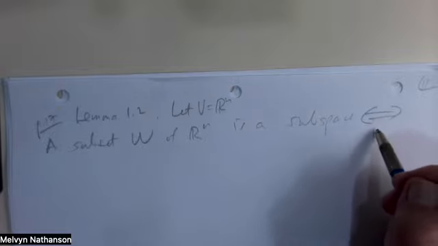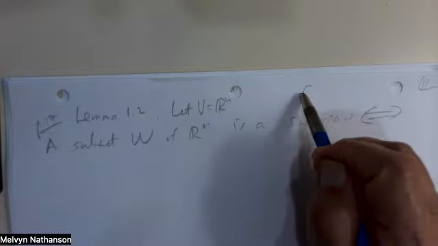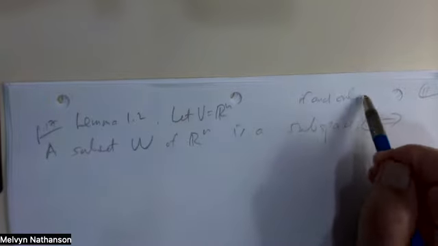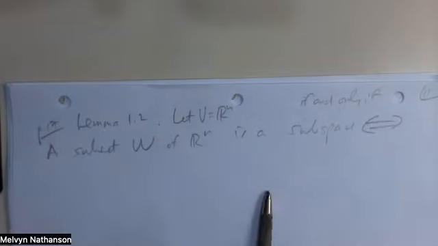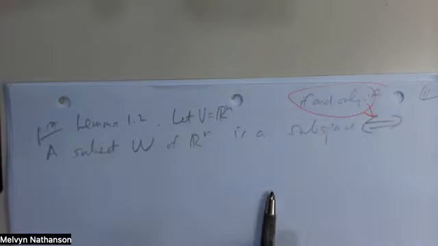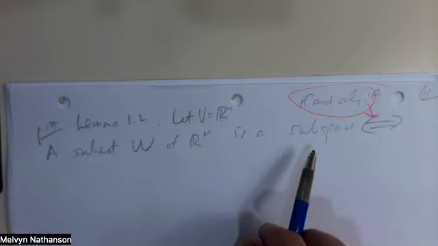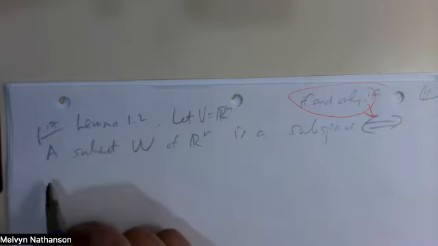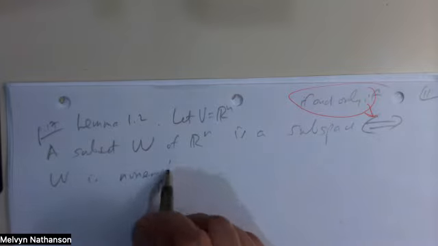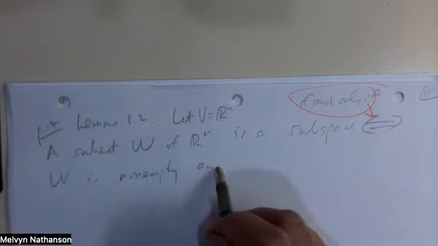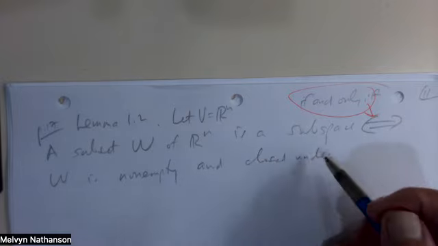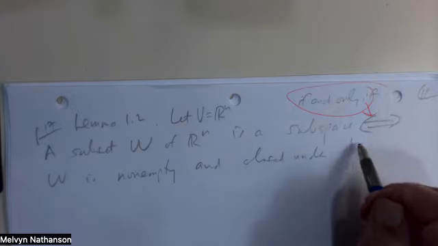So this double-headed arrow means if and only if. So a subset W of Rn is a subspace if and only if W is non-empty and closed under the operation of taking linear combinations.